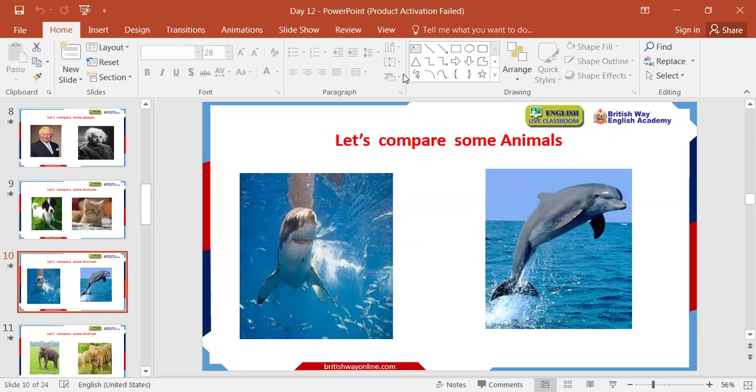Dolphin is jumpier than. Dolphins are smarter than sharks. Dolphins are friendlier than sharks. The dolphin is more beautiful than shark.